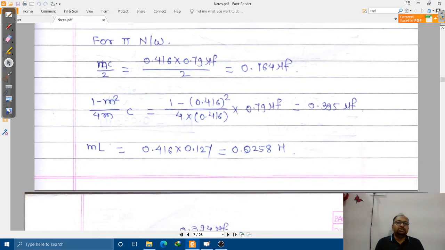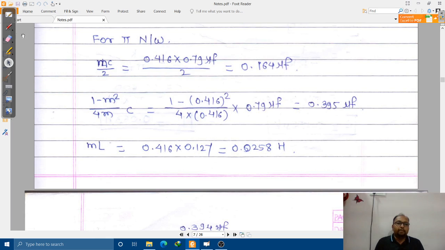Fine. Now let us go for pi network. For pi network, the series arm consists of a parallel combination of inductor and capacitor, and this is your inductor. Sorry, capacitor, not inductor. This is also capacitor. For T network, it is MC by 2, right?